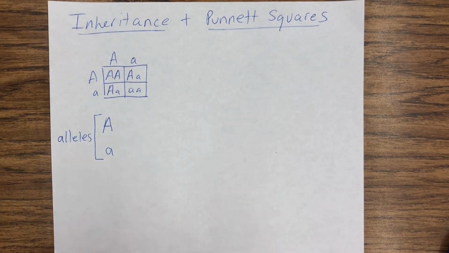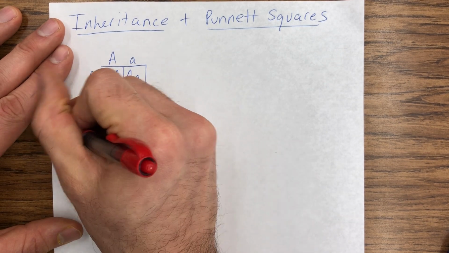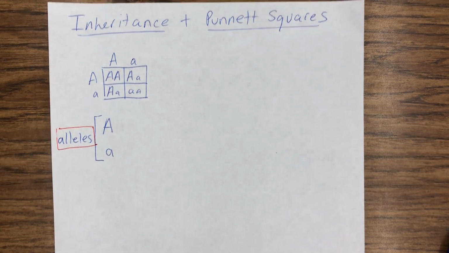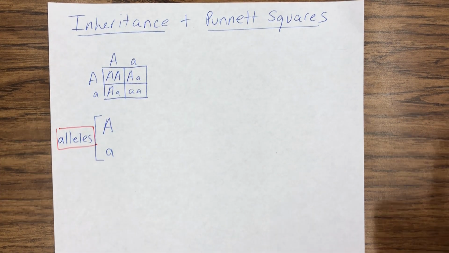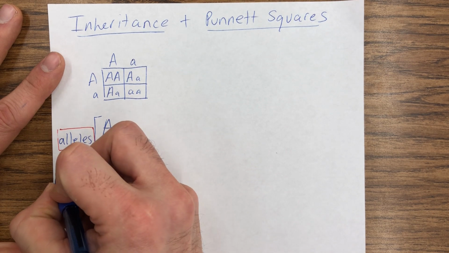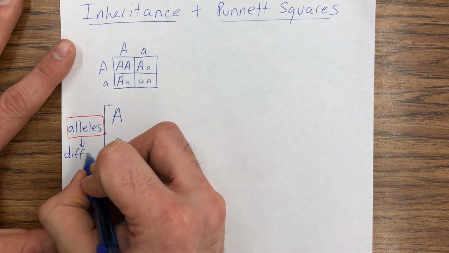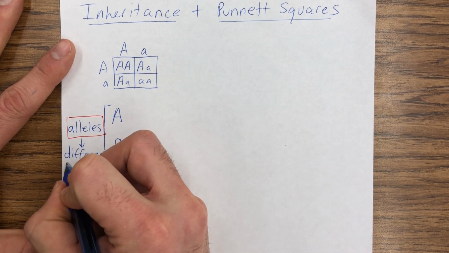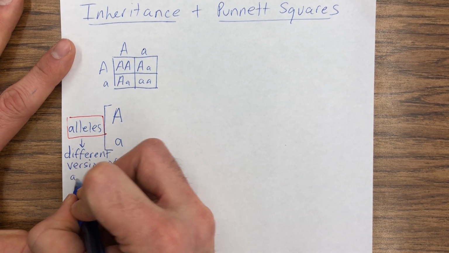I'm going to box some vocab here in red so that you know these are terms we need to know. An allele is a different version of a gene. So I'm going to write that here: different versions of a gene.